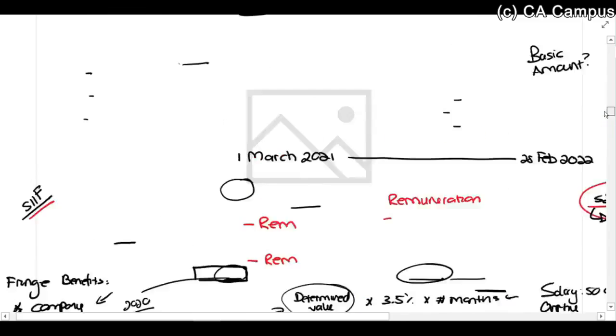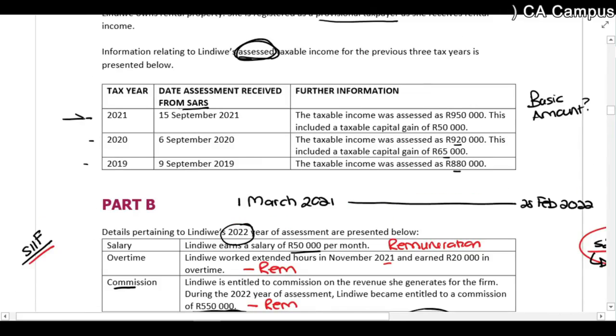We go to our question, we go to the 2021 tax year. You always start with the latest tax year. Now that tax year needs to have been assessed 14 days or more before the date of our provisional payment. Our first provisional payment is on the 31st of August. This is submitted after that, so we can't use that.